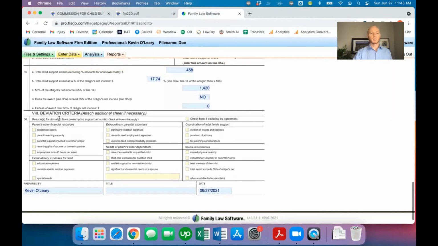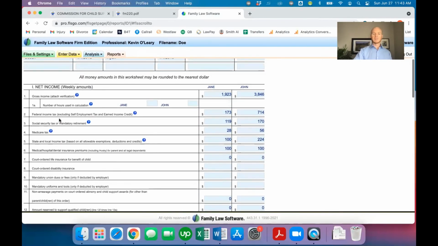Now, there are certain situations in which the court can deviate from the weekly child support amount. The most common scenario is, well, there's a number of scenarios, but some examples are there can be a deviation based on a shared parenting plan. So if there's a shared 50-50 parenting plan, how child support is calculated is you're normally going to run the guidelines as if the higher income earner is paying child support to the lower income earner.